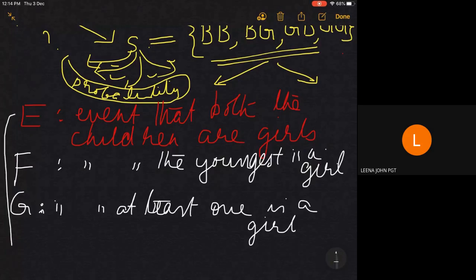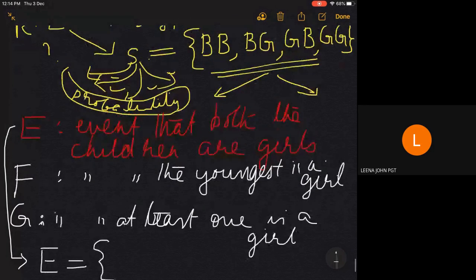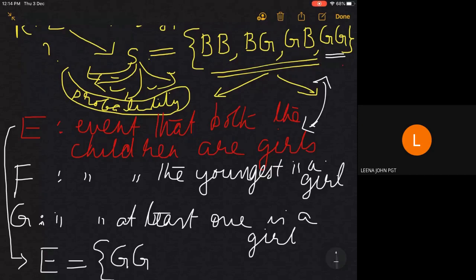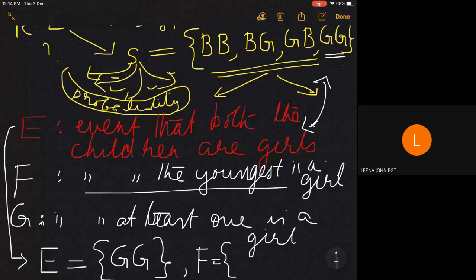Now you will separately write all the elements. So what are the elements of E? Always remember that it's a subset of the sample space. Look at the sample space and select those outcomes favoring the statement that both the children are girls. You have only one outcome favoring that, and it is taken as a set, that is E. Now F is also a subset of the sample space: the youngest is a girl.